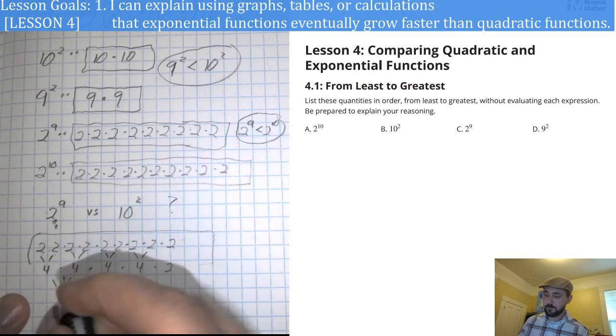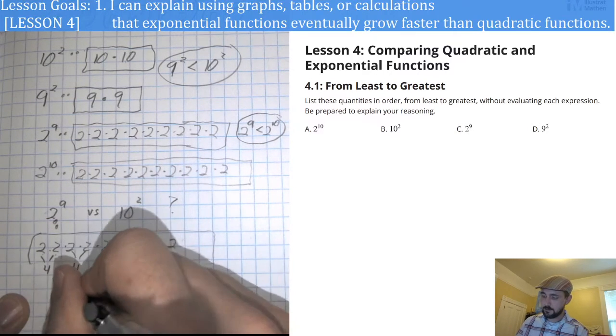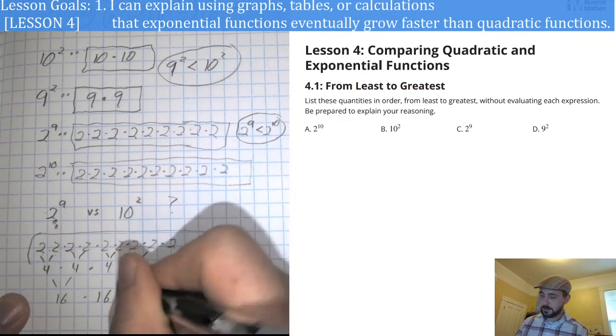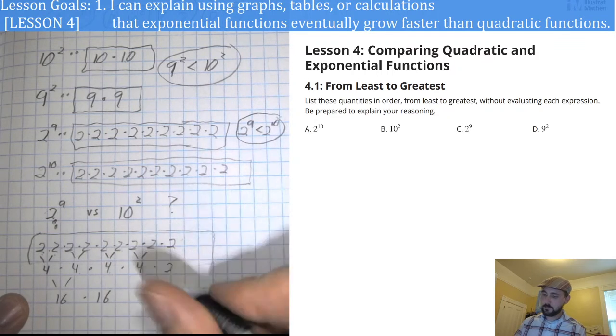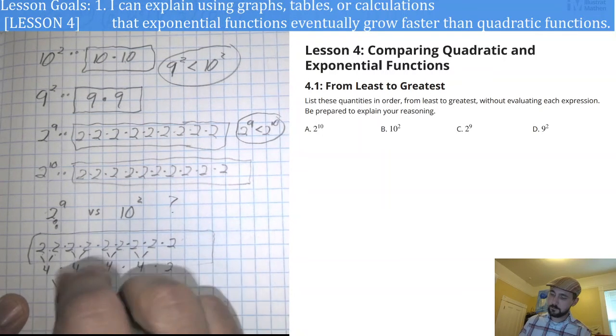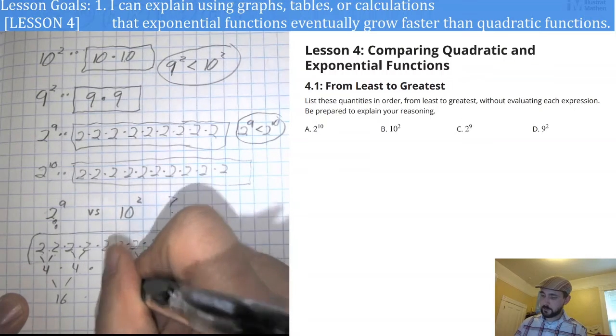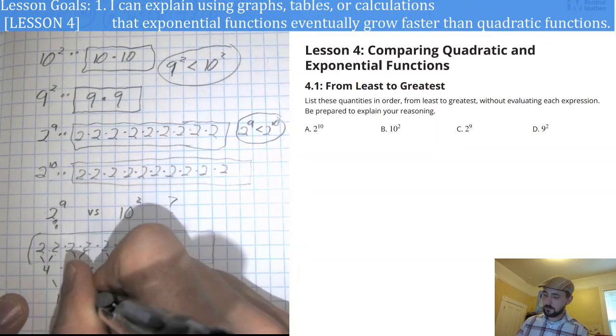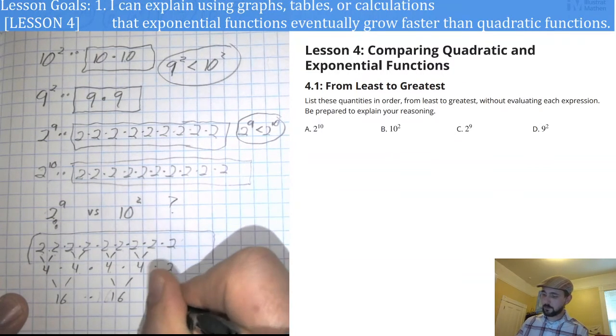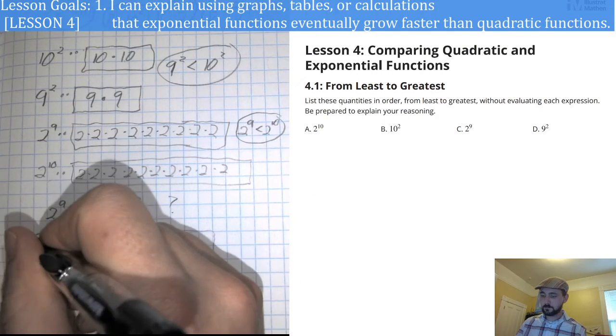So multiplying 4 and 4 together is 16. Oops, sorry. Let me spread this out a little bit. So these 2 copies of 4 become 16. And then there's still this remainder copy of 2.